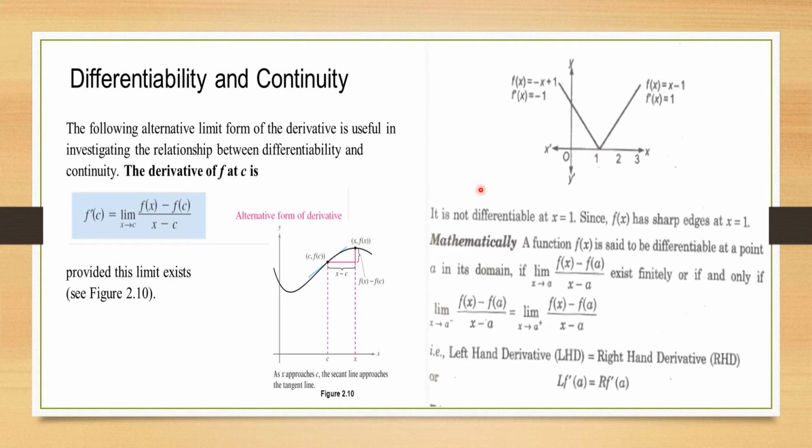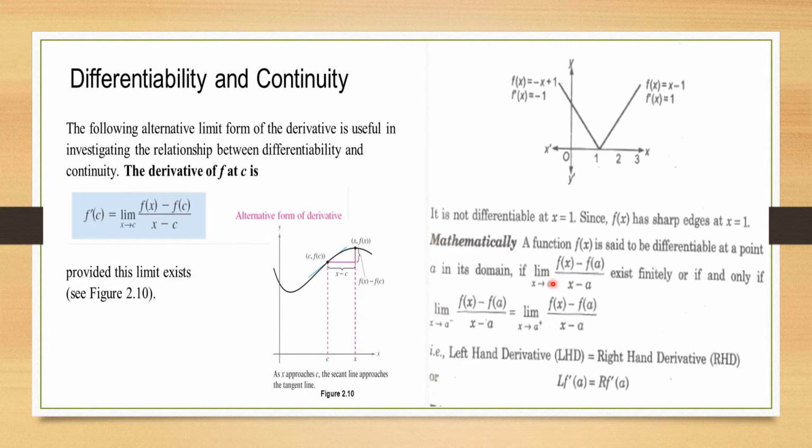So you will study that continuity is something you can draw without picking up the pencil, and differentiability means a smooth rate of change. Okay, a rate of change joining alongside with a smooth curve. Okay, so mathematically a function is differentiable at a point A in its domain if limit x approaches A, f of x minus f of a upon x minus a, the same definition, your first principle, exists finitely.